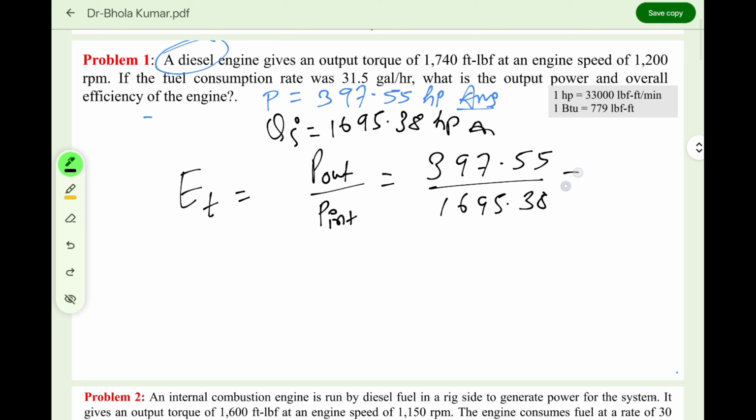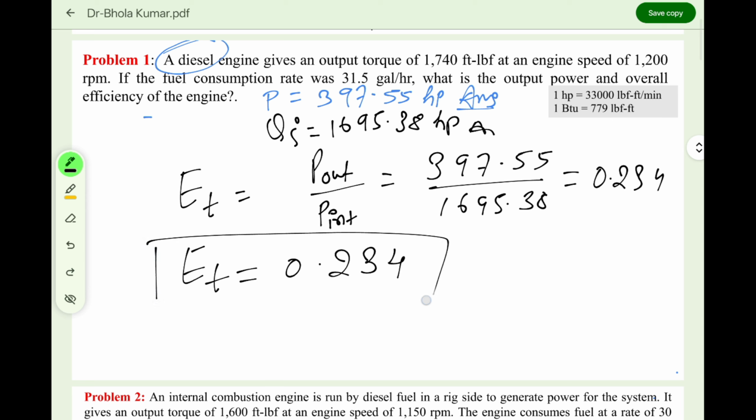So you will get the efficiency 0.234. So ηt will be 0.234. This is the other final answer. In the upcoming class I am going to talk about more numericals.